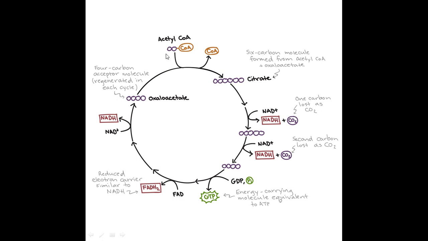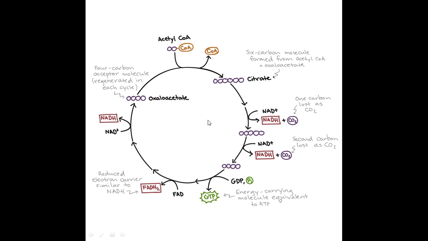Therefore, let's say you have 4 acetyl-CoAs from 2 glucose molecules. We are going to have 4 times 3 here, which is 12, 4 times 1 here, which is 4, and 4 times 1 here, which is 4.